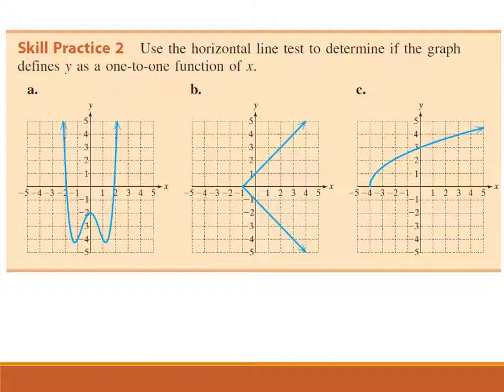In skill practice 2, use the horizontal line test to determine if the graph defines y as a one-to-one function of x. Well, when we look at A, we draw the horizontal.